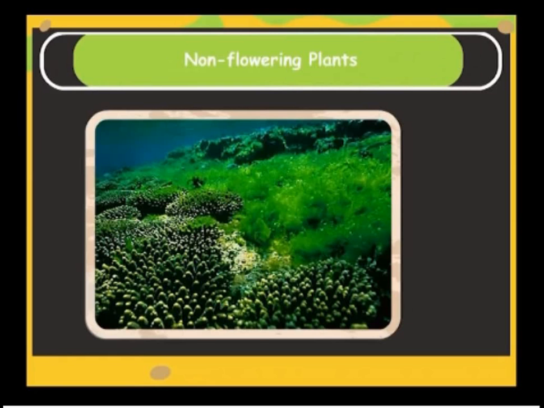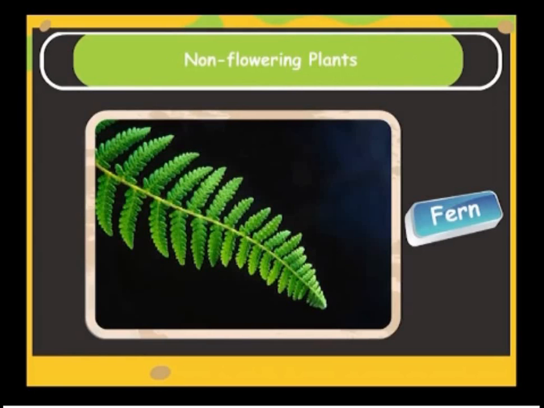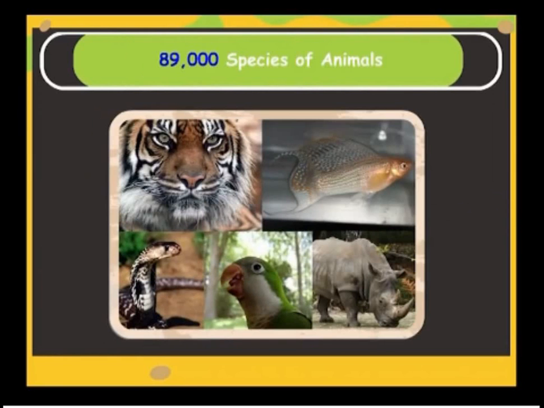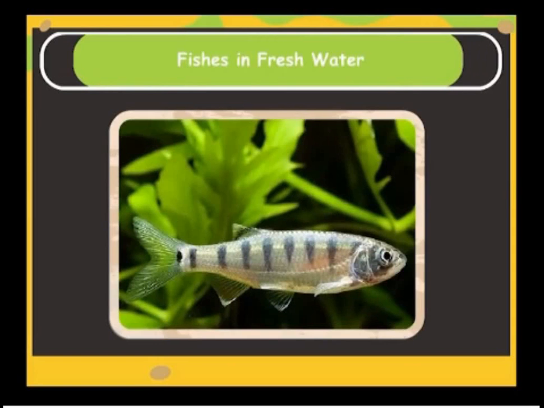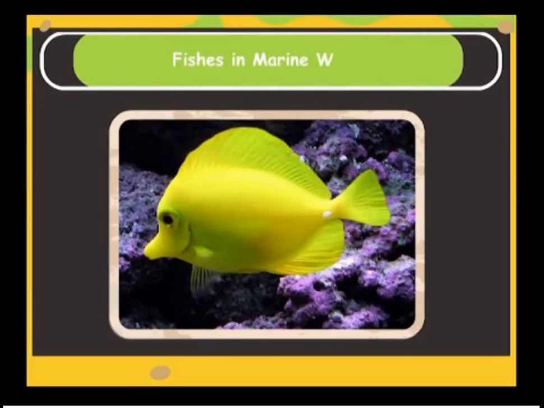Apart from it, India has a variety of non-flowering plants like algae, ferns, etc. India also possesses 89,000 species of animals as well as a rich variety of fresh and marine waters.